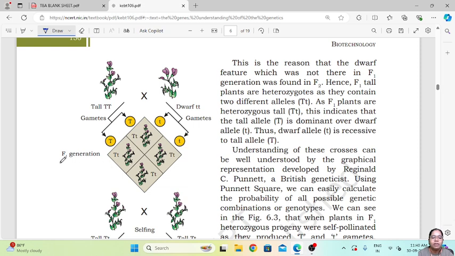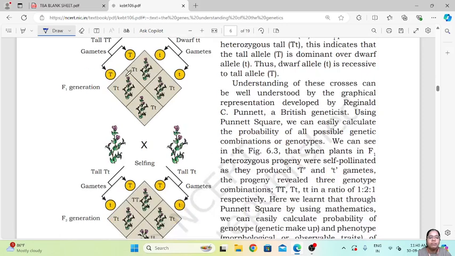So all the F1 generation will be tall, as capital T is the dominant trait.